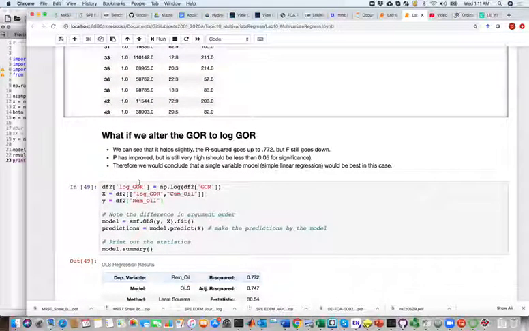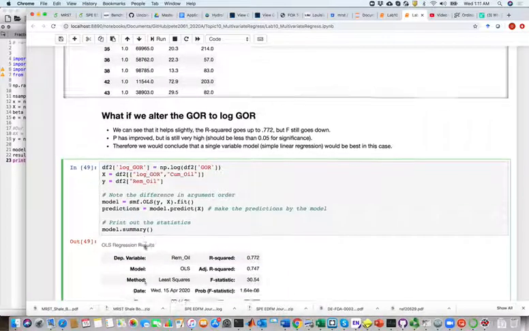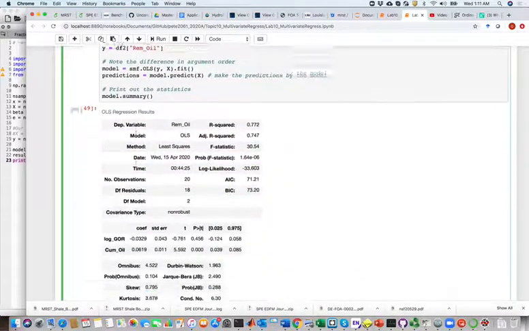We added GOR, the model got worse. What if we add log, natural logarithm of gas oil ratio instead of GOR? So we take the natural logarithm of all of the data and add that in to our X and do the regression again without the constant term.